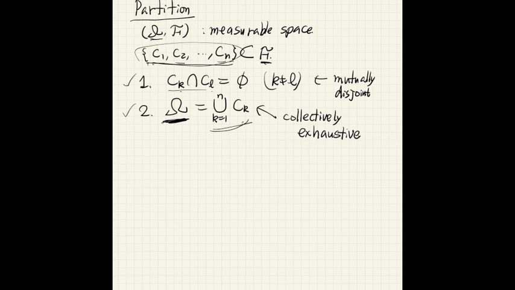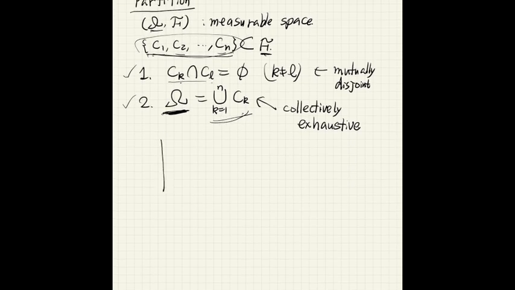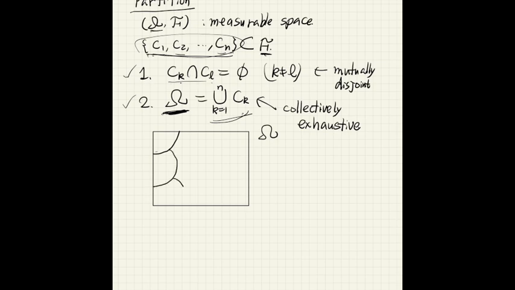Okay, so intuitively, it is like this. Here's omega, and we divide this entire space into a collection of disjoint subsets.